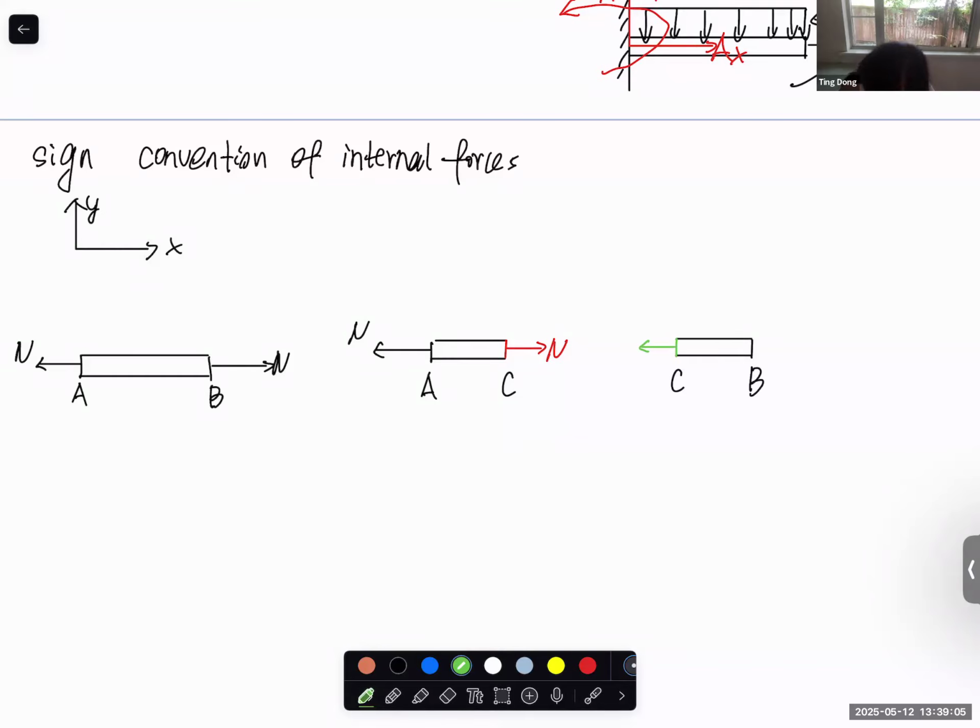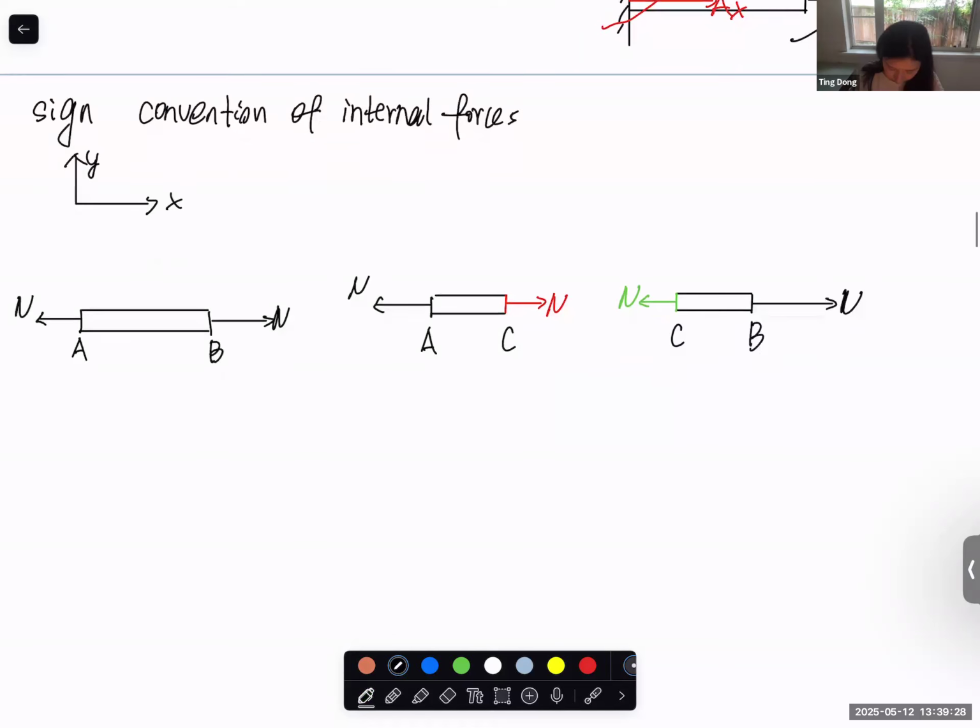Now this becomes a negative surface, and this one is the positive internal force, even though it's in the negative x-axis direction. So the red surface means a positive surface because it's facing the positive x direction.